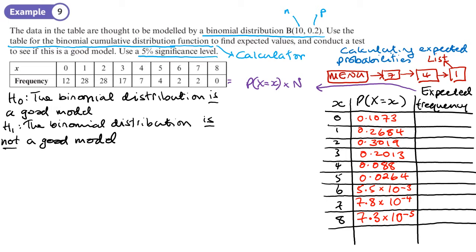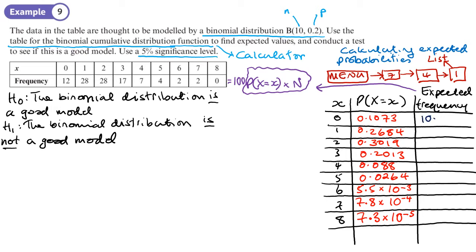That will give me the total number of observations. So it's going to be 12 plus 28 plus 28 plus 17 plus 7 plus 4 plus 2 plus 2 plus 0, and we get 100. That's handy. Okay, so each probability times by n, 100, to now get the expected frequencies. So we'll do those now.